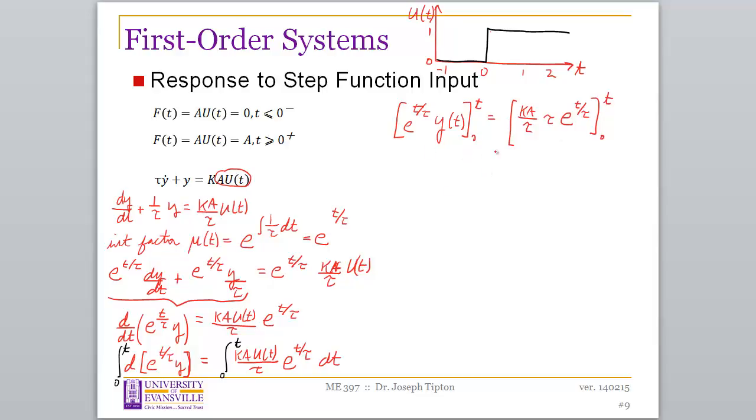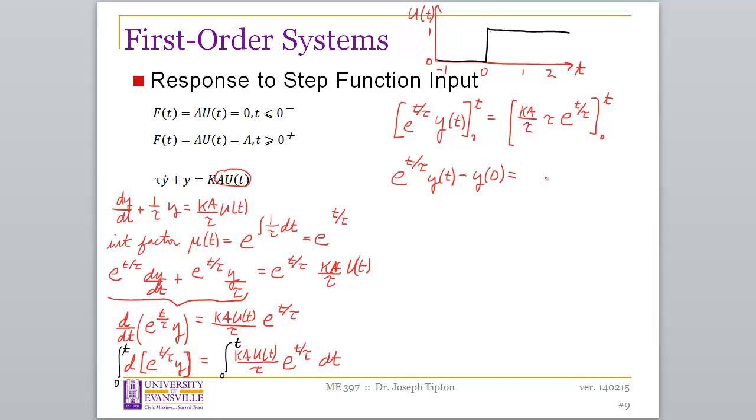Well, so I can carry out the evaluations now, and on the left-hand side I'll have e raised to the t over tau times y evaluated at t minus, when t is 0, well, e to the 0 is 1, so I'm just left with y evaluated at time 0, whatever that is.